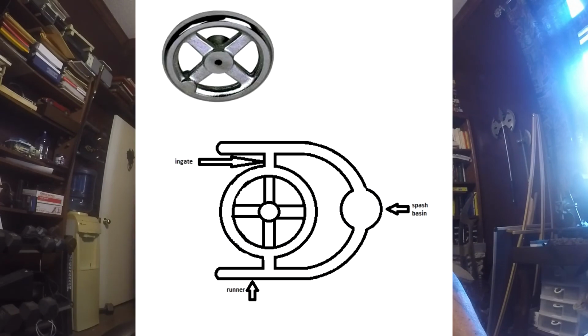Here we have a good example of how you might feed a hand wheel. Now this hand wheel is basically flat. It's got the outside ring that you can grip, and you've got your spokes going towards the central hub, where you would drill and maybe tap it, or just drill it and put it on a machine, and you can utilize it that way.